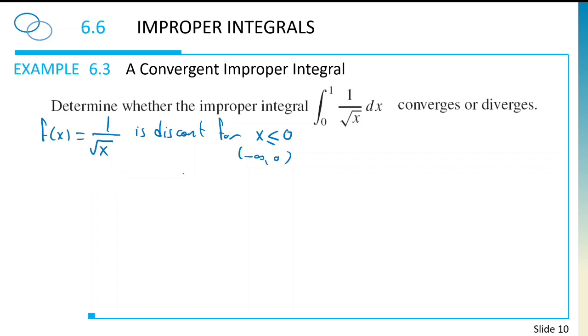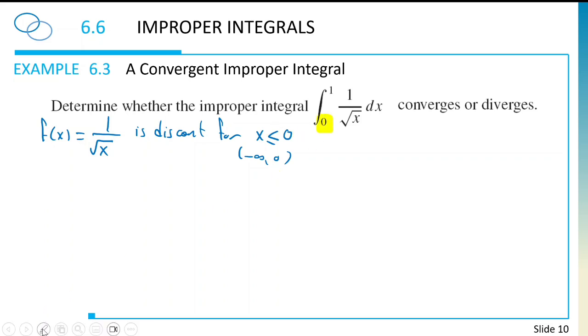Now, within this interval of discontinuity, is our boundaries involved in this? Yes, I have an issue at 0. Anything above 0 is okay, but I have an issue at 0 itself. So this is discontinuous at 0. I need always to remember that this is where I have an issue.